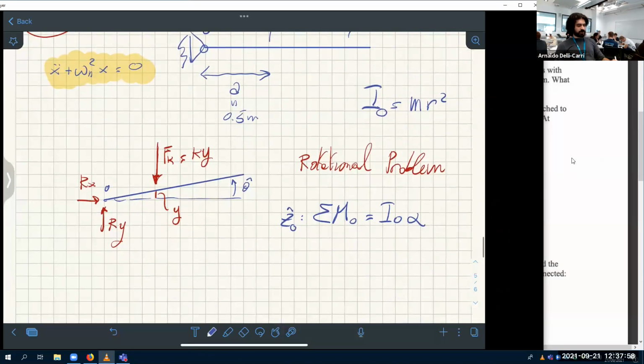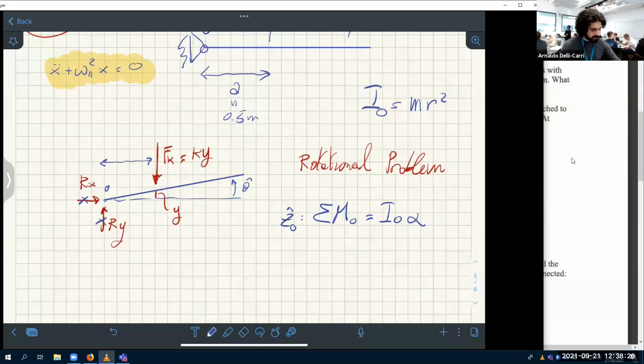How many moments? Look at these free body diagrams. Moments around O. Does this Rx give any moment around O? No, because it's passing through O. Does this Ry give any moment about O? It doesn't. Does Fk give any moment about O? Yes, it does. What's the moment of Fk about O? Force times distance.